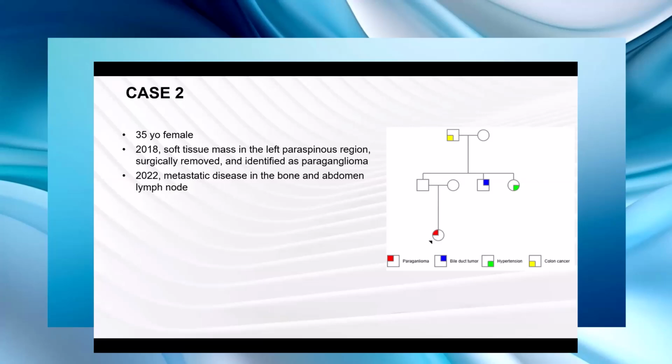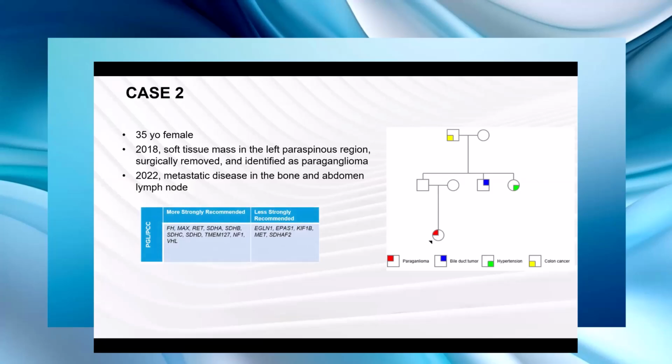Her family history revealed that she had a paternal uncle who had a bile duct tumor, and a paternal grandfather who had colon cancer. So based on the clinical presentation for this particular individual, the ASCO guideline recommends the following genes to be tested here.